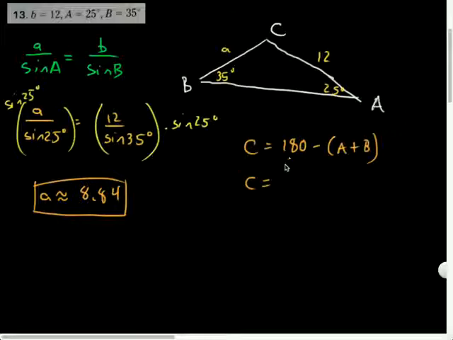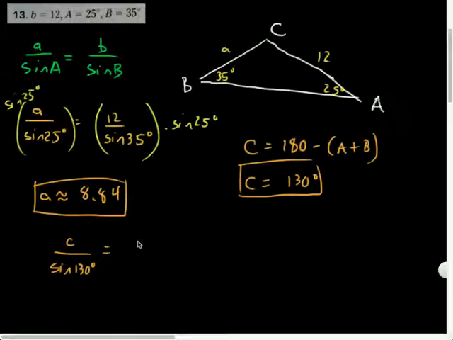So angle C, I think we said a moment ago, was going to be 130 degrees. Not that bad. So there's angle C, and now that I know C, I could pair that up with little c in a similar ratio proportion sort of way, where I'll say little c over sine of 130 degrees is equal to... Oh, did I do my math wrong?